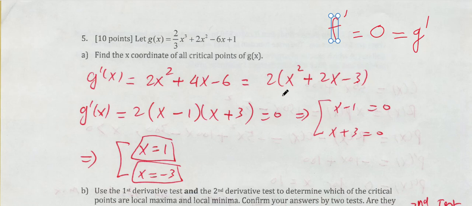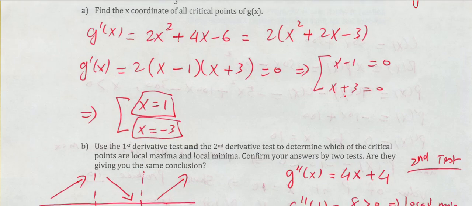And setting this equal to 0 to find a critical point means that one of the factors here must be 0. That's why I set x minus 1 to be 0 or x plus 3 to be 0. Now solving for x is easy. Adding 1 on both sides, I got x to be 1. Minus 3 on both sides, I got x to be minus 3. So 1 and minus 3 are the critical points of the function g of x.